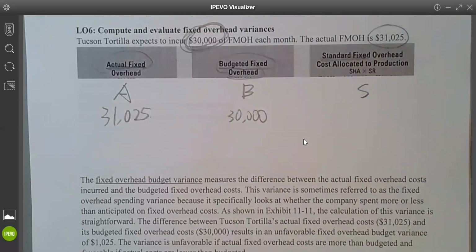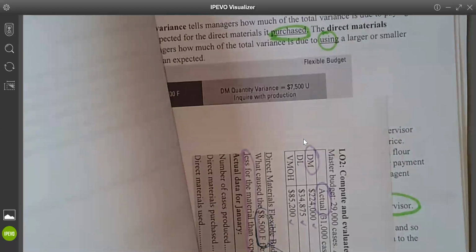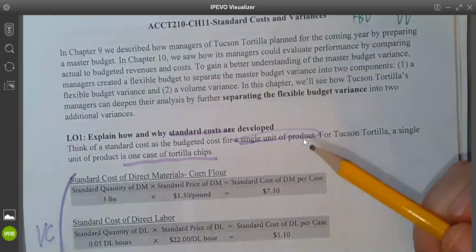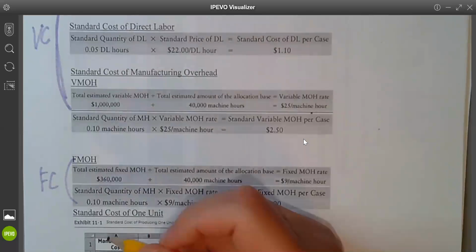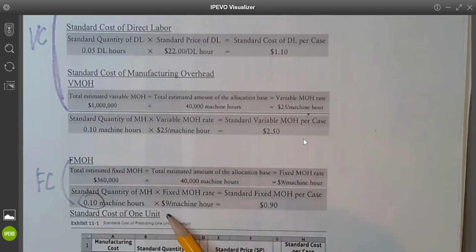Remember, we go back to the first page, right? We looked at our menu. The standard said we actually produced 31,000 units. Each one, based on the standard fixed manufacturing overhead, we allocate 0.1 machine hour, and the rate is $9.